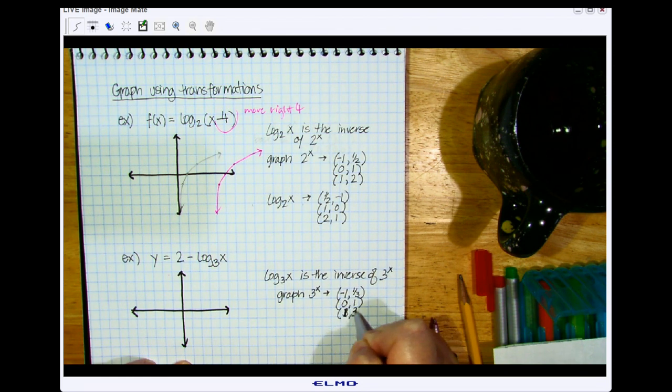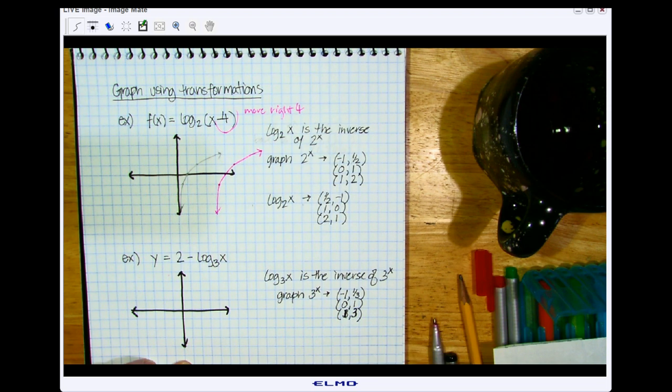Sorry, I did it backwards. That means that the log base 3 of x is going to use the points 1/3, -1, 1, 0, and there we go, 3, 1.